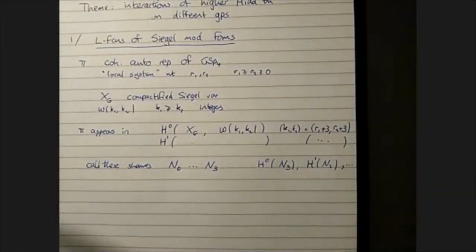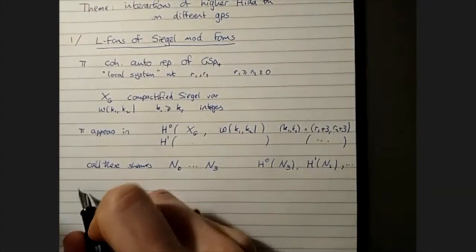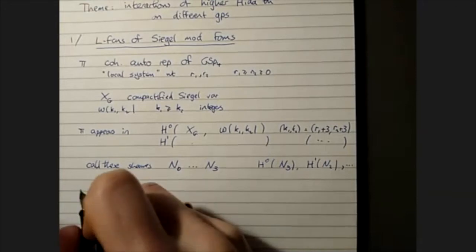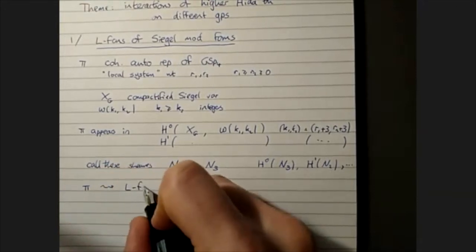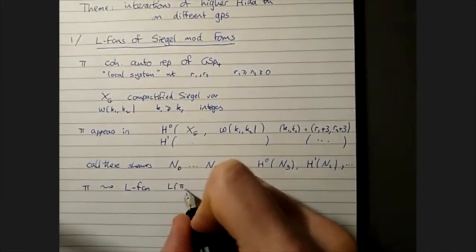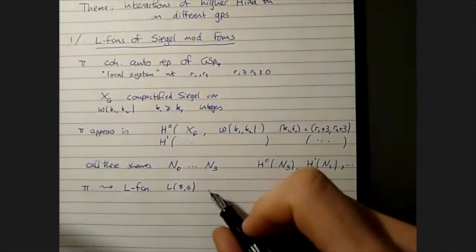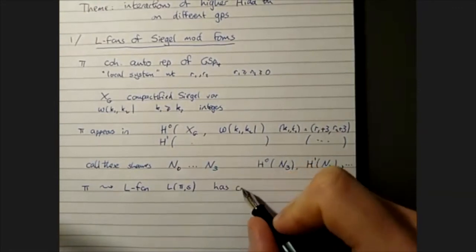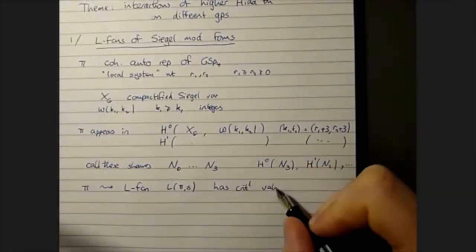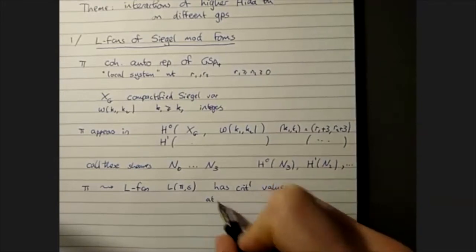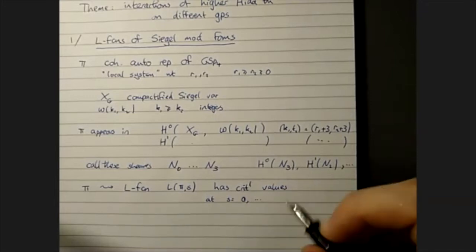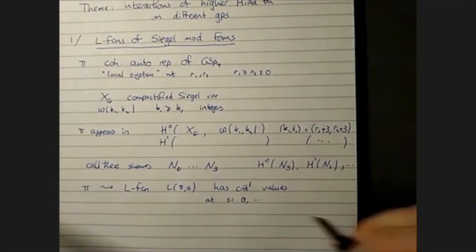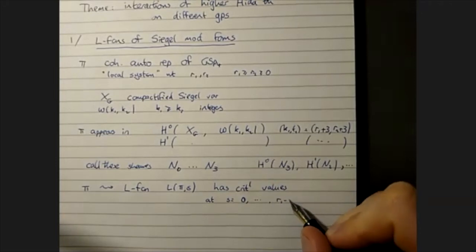So what we want to study is, pi gives rise to an L function, L(pi, s), which has some critical values. I'm going to shift them so the critical values start at 0 and it goes up to R1 minus R2.